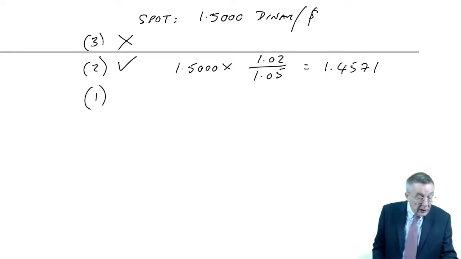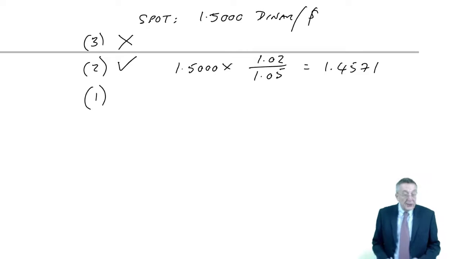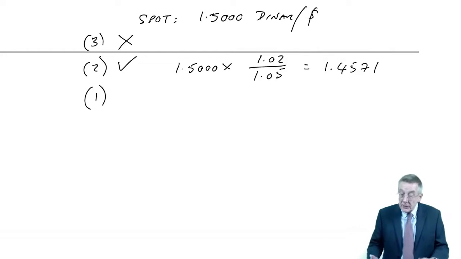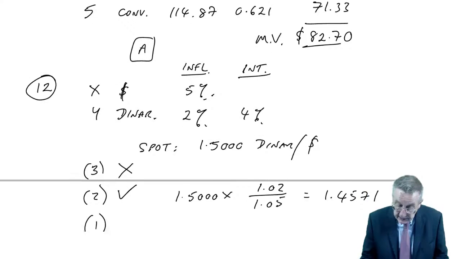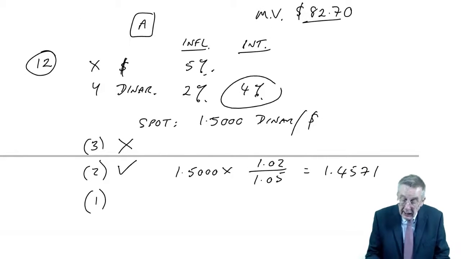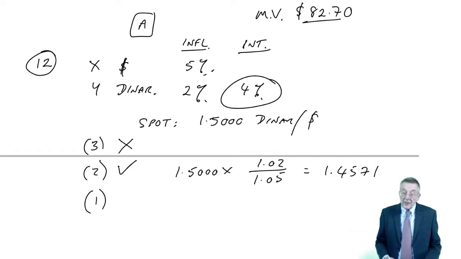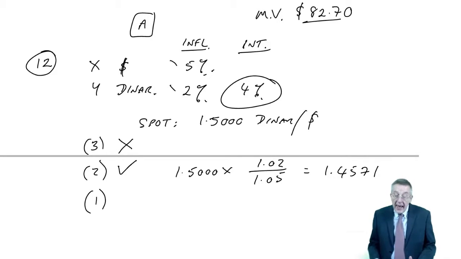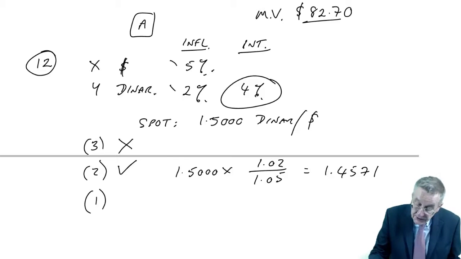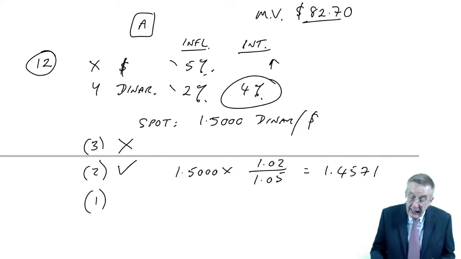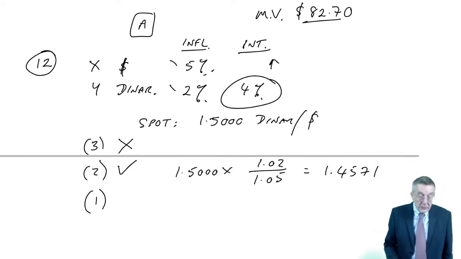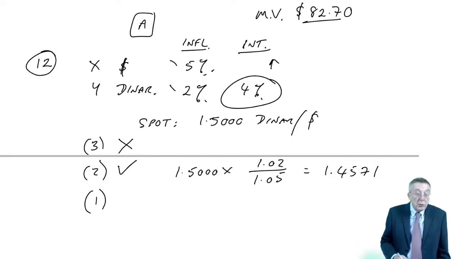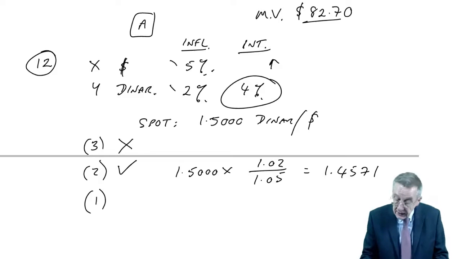Anyway, let's look at 1. The country X's nominal interest rate should be 7.06%. Now, the nominal interest rate is the actual interest rate, and I've said several times, in Y, actual interest is 4%. Well, X has higher inflation, and therefore X should have a higher interest rate. So certainly X, the actual interest rate will be higher than 4, but that doesn't prove that it's 7.06.